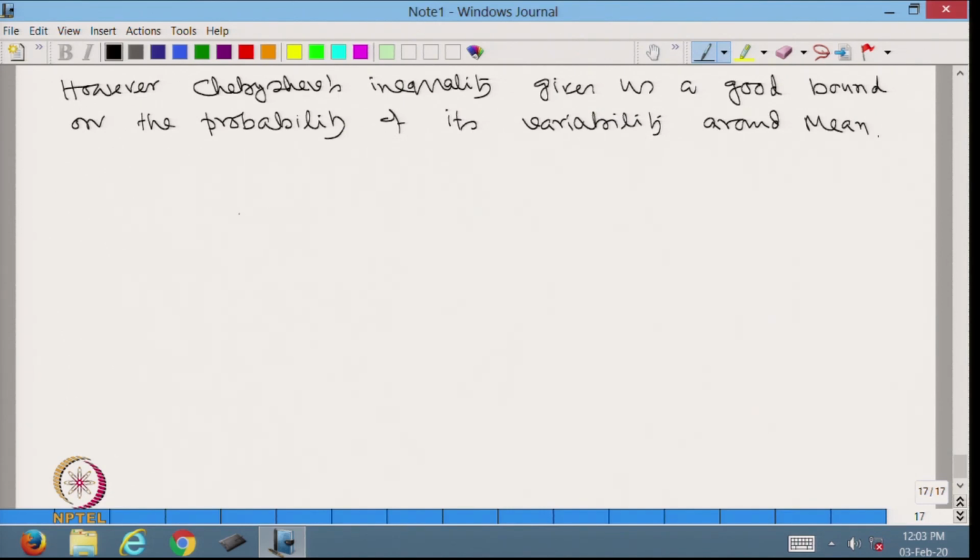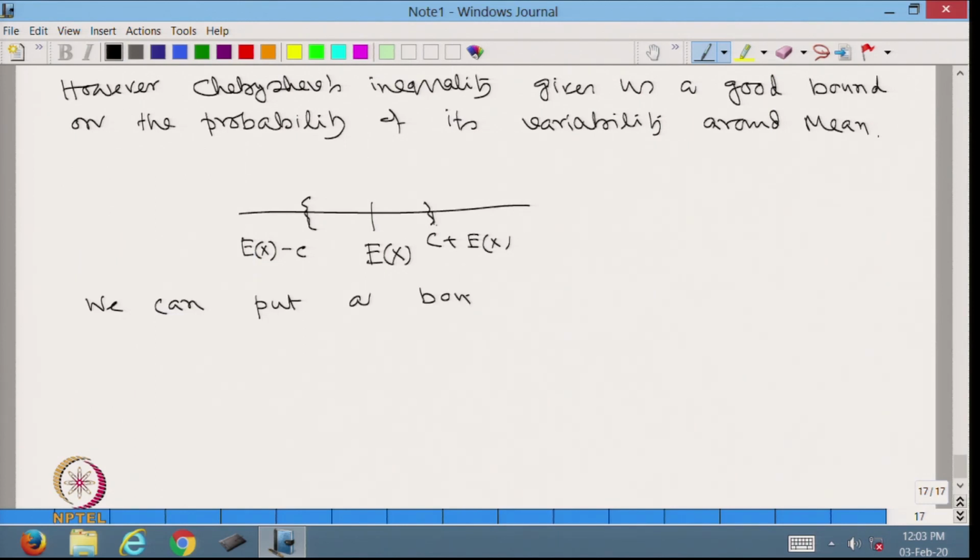Say for example, suppose this is expected value of x, we consider an interval around its expectation, we can put a bound on the probability modulus of x minus c greater than equal to epsilon.